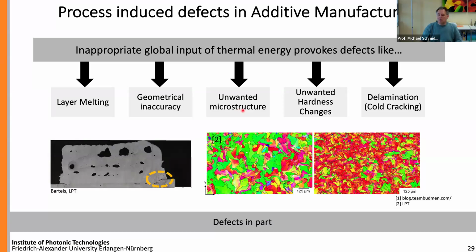This might also be coupled to unwanted hardness changes, and we might even end up with some delamination or cold cracking of our part that you can see here. There are, by the way, multiple reasons for it. If you have your base plate made of another material, then you build up, this can easily happen. If you have the same materials, maybe it should not happen so easily.